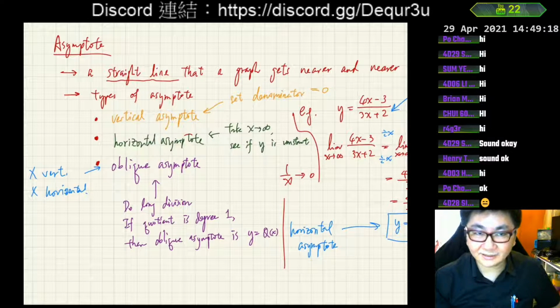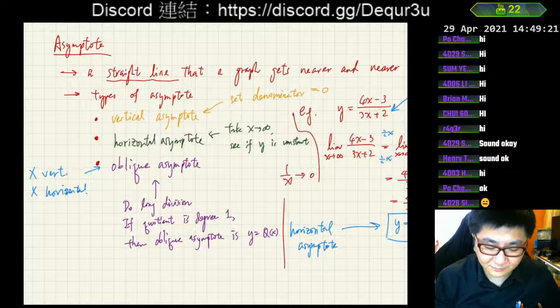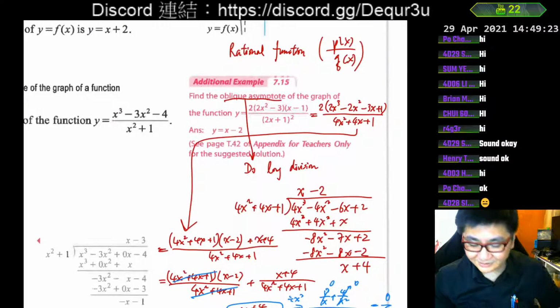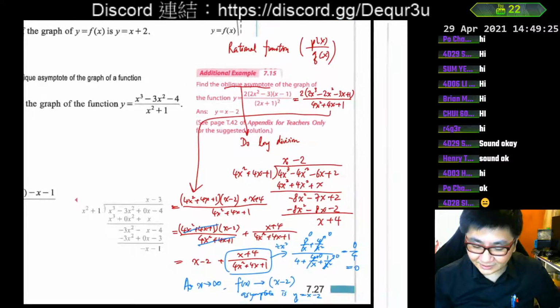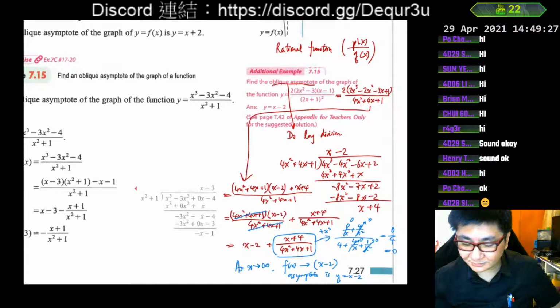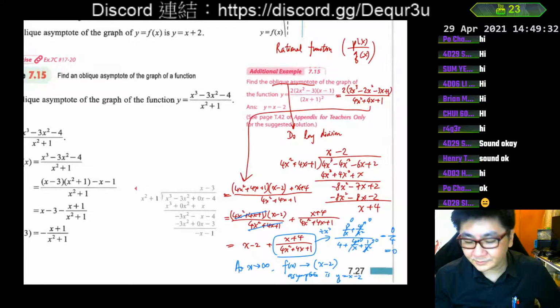We had this example yesterday from the textbook, but this is not in your textbook. It is in my textbook, an extra example to find the asymptote of a little bit more complicated function.